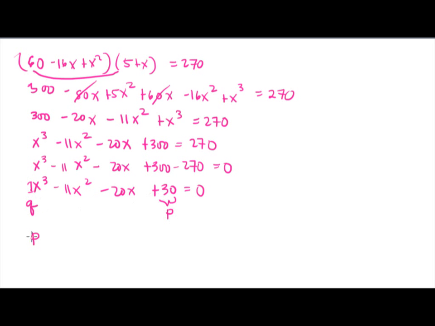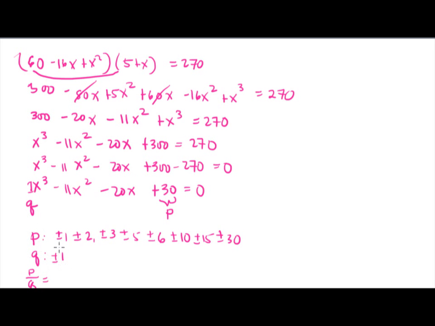So you can list down all the p: plus or minus 1, plus or minus 2, plus or minus 3, plus or minus 5, plus or minus 6, plus or minus 10, and then plus or minus 15. So I think we have one more, plus or minus 30, and then q is simply plus or minus 1, and then you use p over q, but since q is just 1, then p over q will be the same as p.